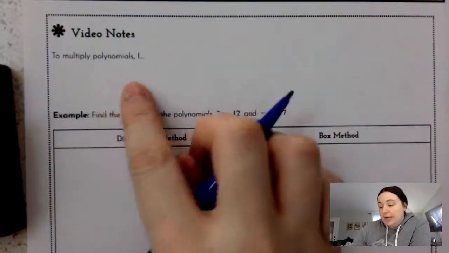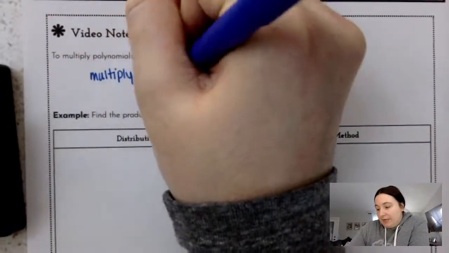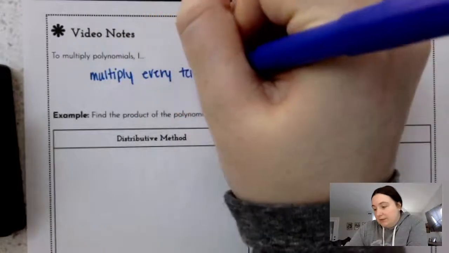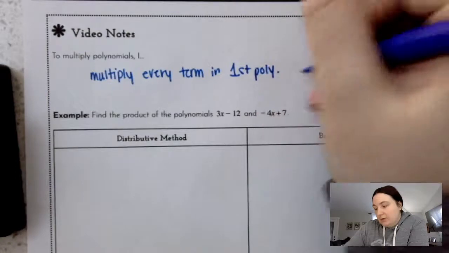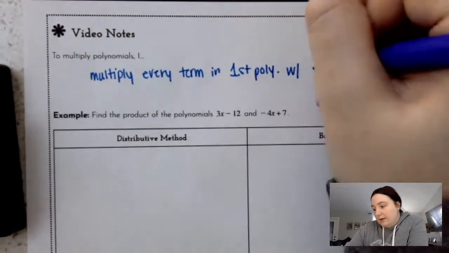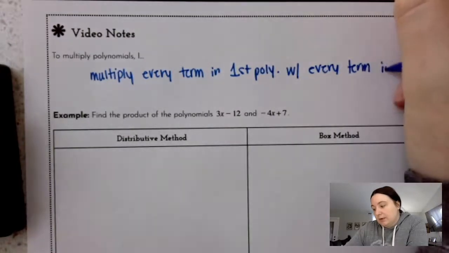But the general idea is that when we're multiplying polynomials, we multiply every term in the first polynomial with every term in the second.